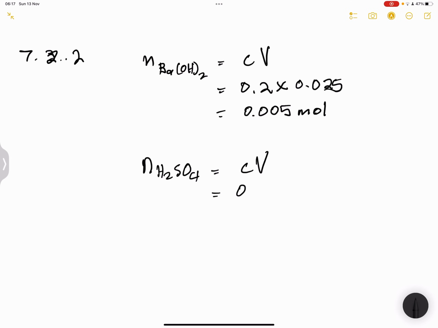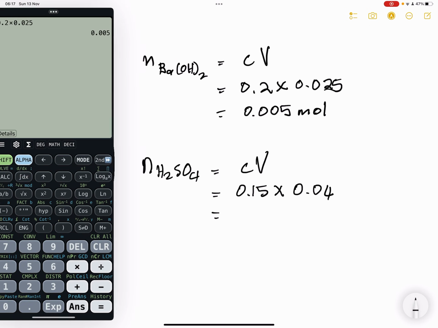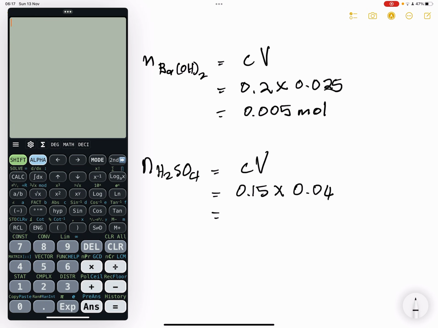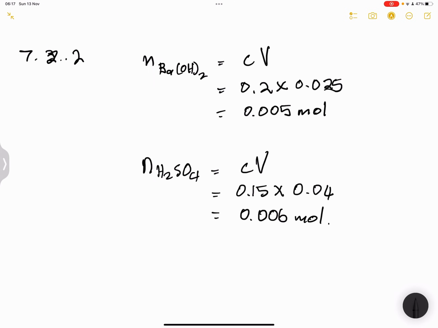My concentration is 0.15 and the volume is 40 divided by 1,000, so 0.04. So 0.15 times 0.04 gives me 0.006 moles of sulfuric acid.